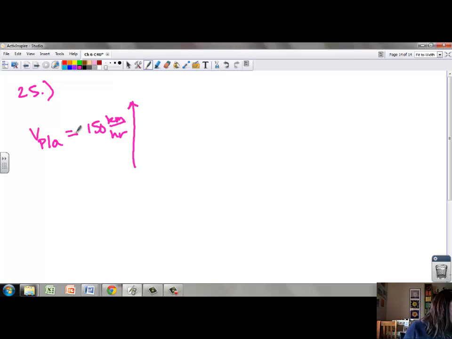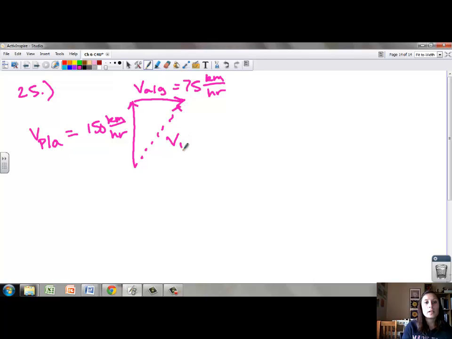Okay, so then there's a wind blowing at 75 kilometers per hour to the east relative to the ground. So let's go east, and this is air or wind relative to the ground, and that's equal to 75 kilometers per hour. And so we want to know what is the plane's speed relative to the ground. So we want to know velocity of the plane to the ground.